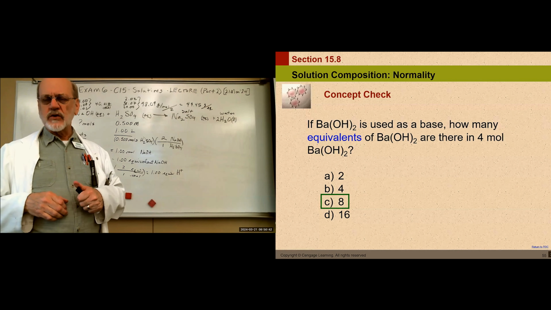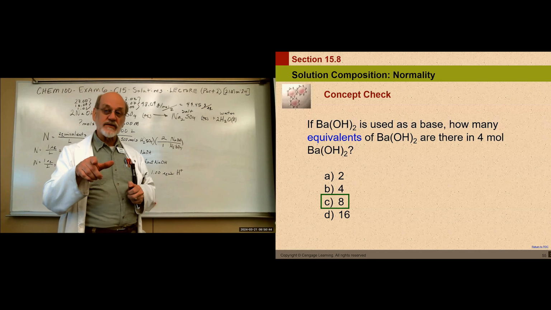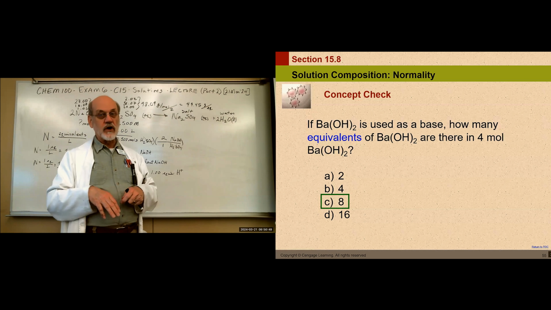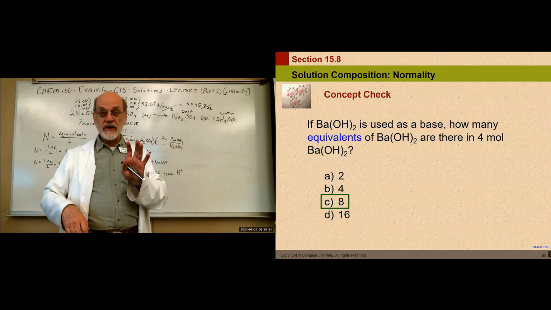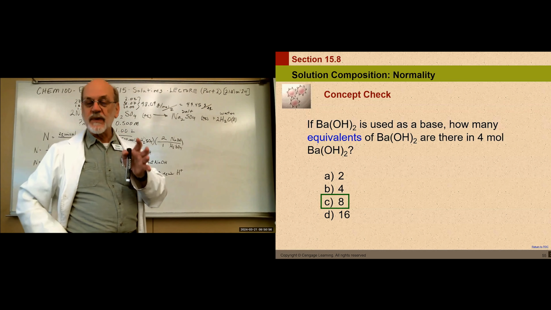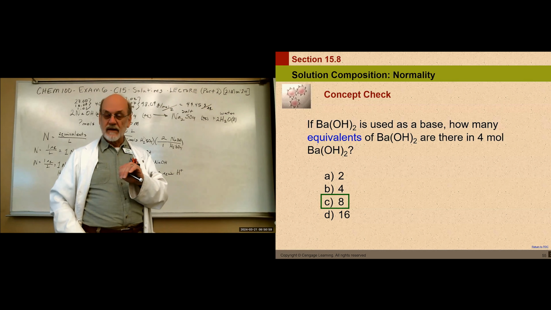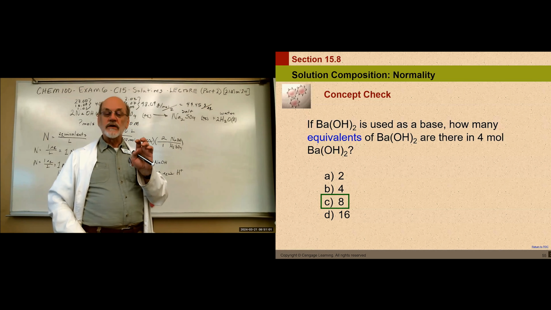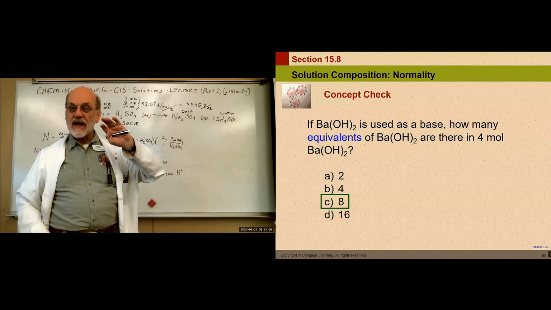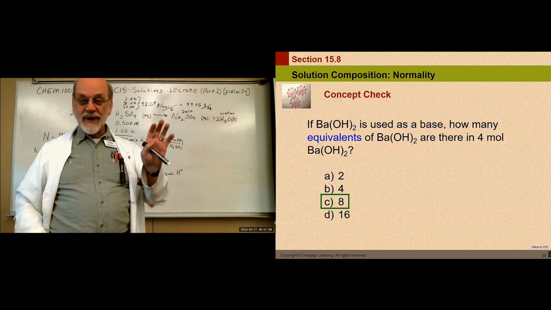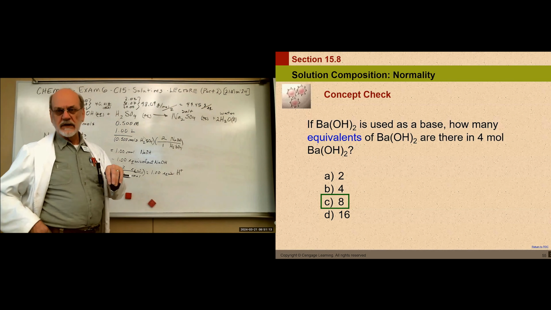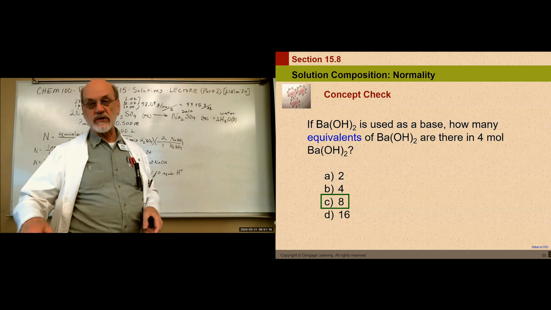So it depends on your job description and how many of these analyses you have to do in one day. If you have to do 100 of them, then normality would become extremely useful. And if you have mixtures of acid-base reactions in the day, normality would take this part of the calculation out of the picture. If you know the normality of your acid and your base, you don't need to know what they are, unless they produce a precipitate, and then that's another question.